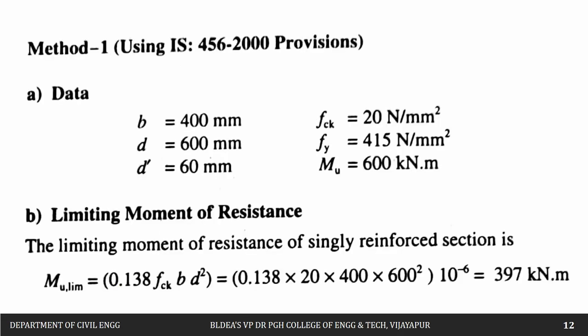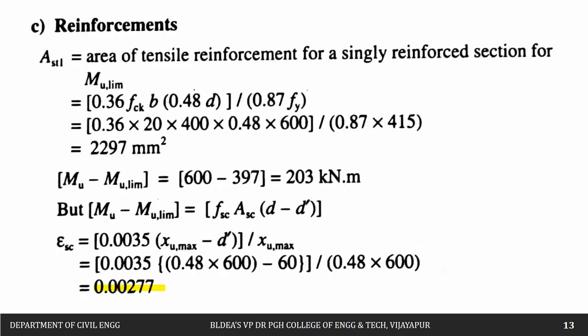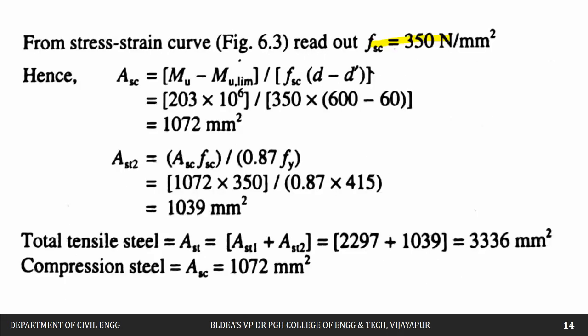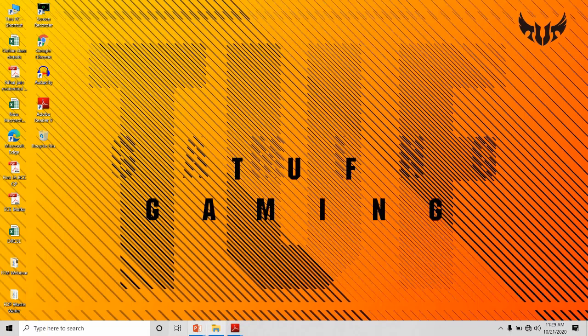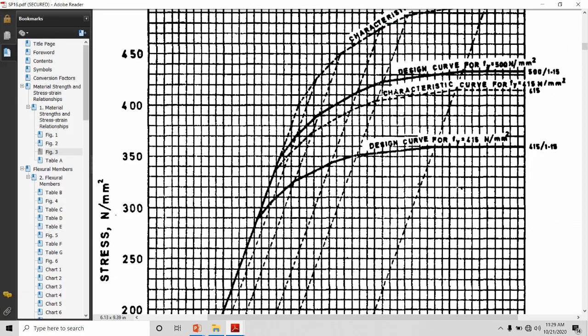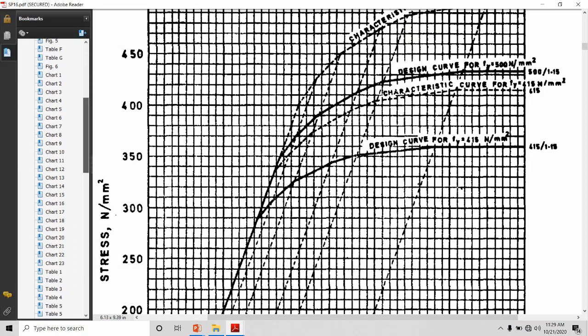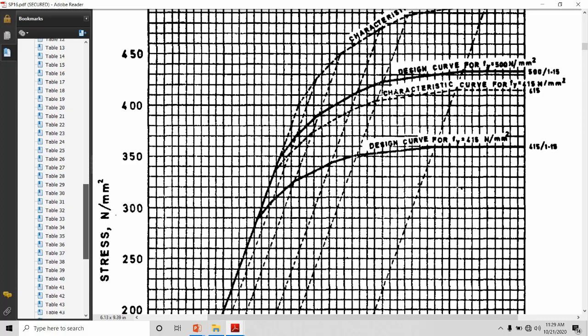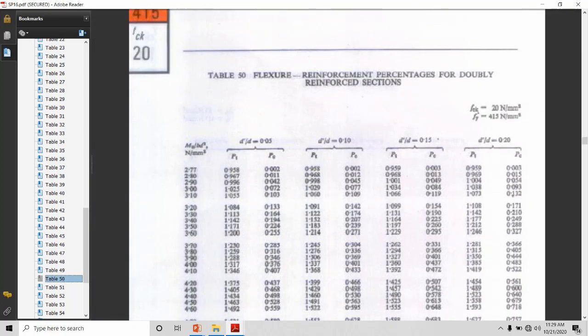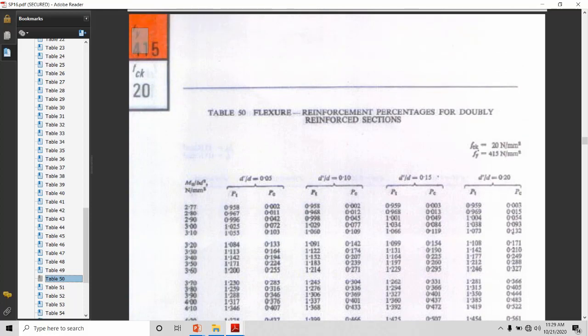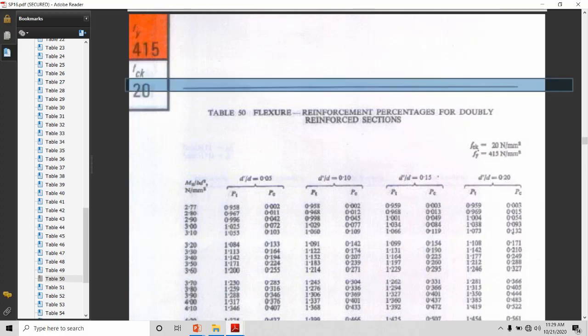It is M20 and Fe415, so for that we'll search in the table. You can see now I have opened one table for steel Fe415 and concrete M20.